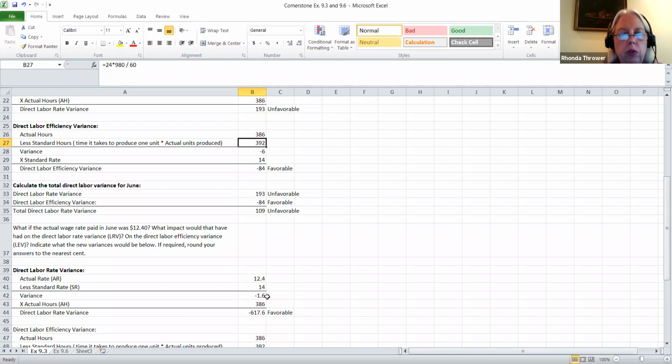The favorable variance amount times the actual hours will give us the direct labor rate variance. So if the actual wage rate was $12.40, it made our variance become favorable at $617.60.